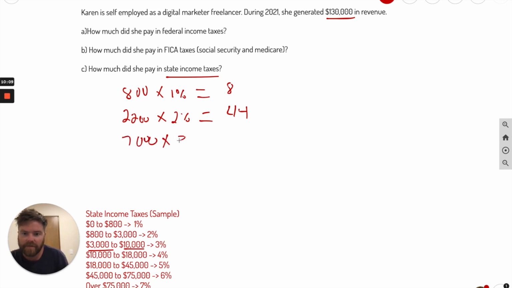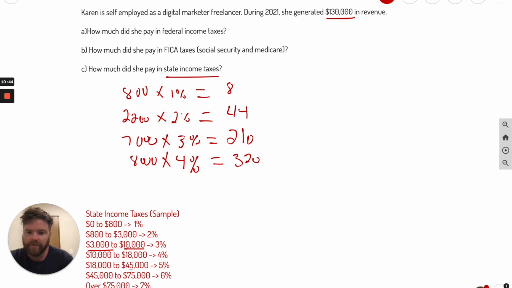Multiply that, 3%. $210. 18,000 minus 10,000, which is simple math as well, so it's $8,000. Multiply that times 4%. 320.